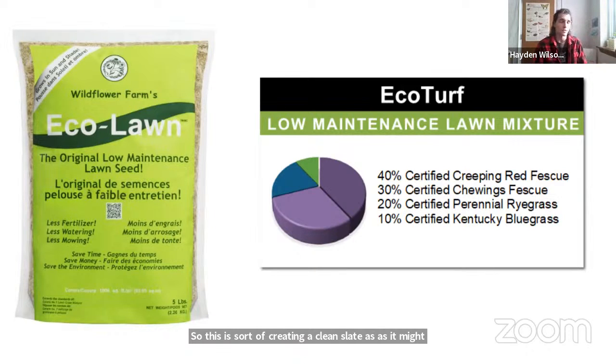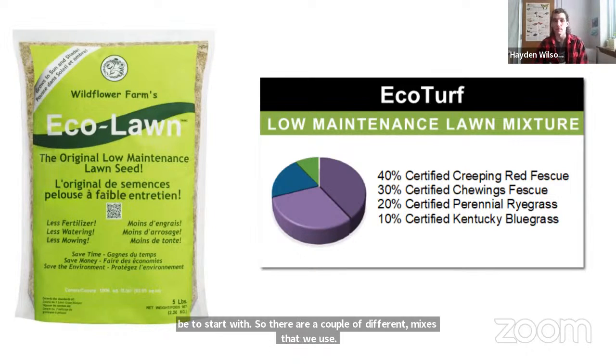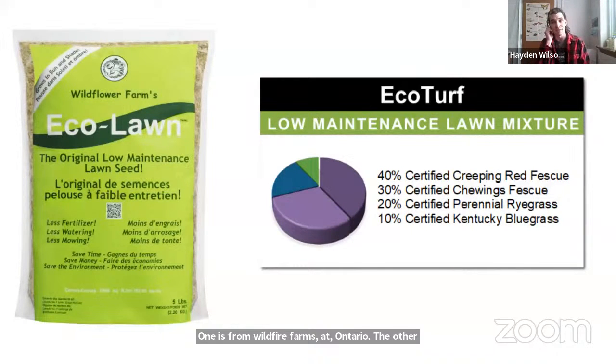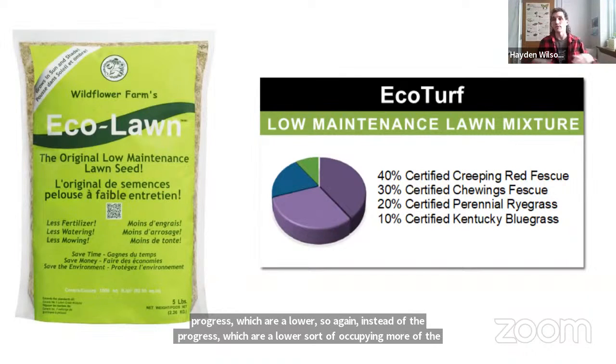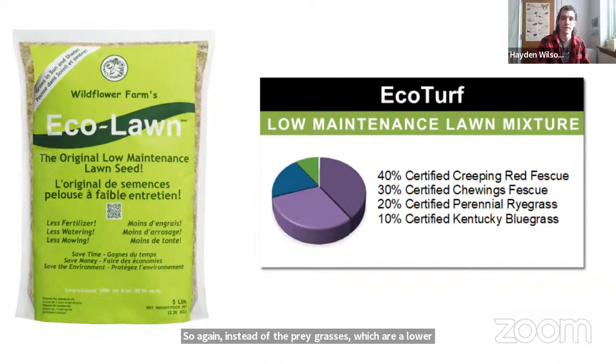One is from Wildflower Farms in Coldwater, Ontario. The other one is a bigger bulk mix that you can buy from DLF Pickseed. They both have species that really spread widely and cover soil surface area. So again, instead of the prairie grasses, which occupy more of the subsurface space, these are physically carpeting the entire surface and not letting any contact happen.